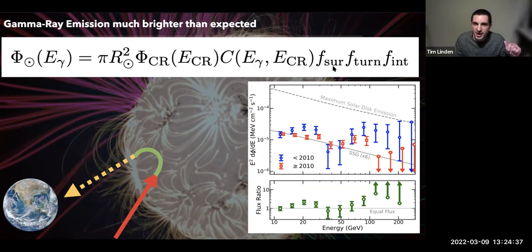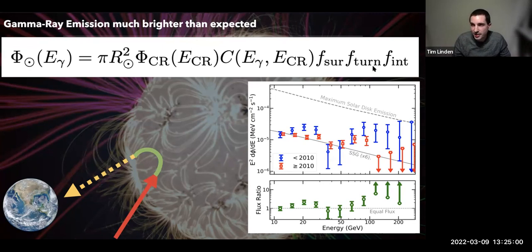The only thing I can change now is some survival probabilities. F surface, which I'll say is the fraction of the solar surface that is participating in producing gamma rays when it gets hit by the sun, that can be from 0 to 1. F turn, the fraction of cosmic rays that turn around before they die inside the solar surface so they can produce outgoing gamma rays.